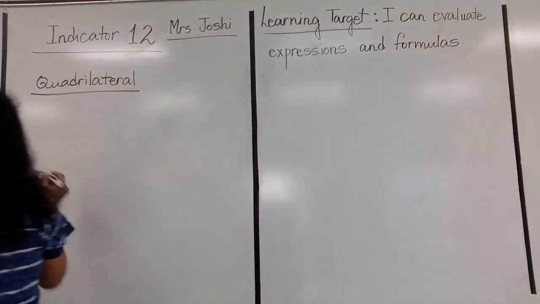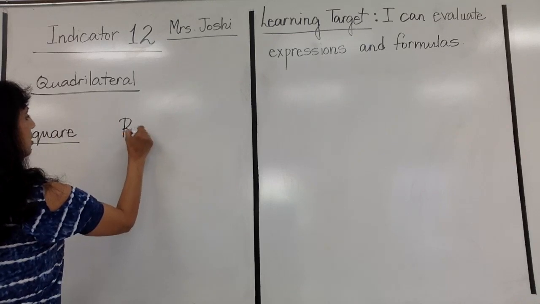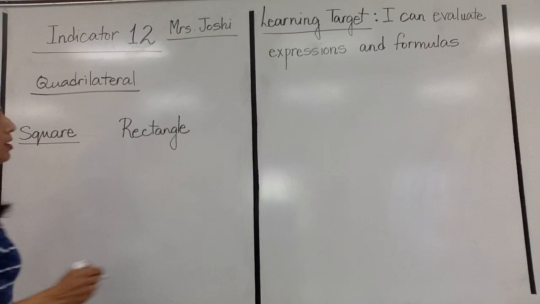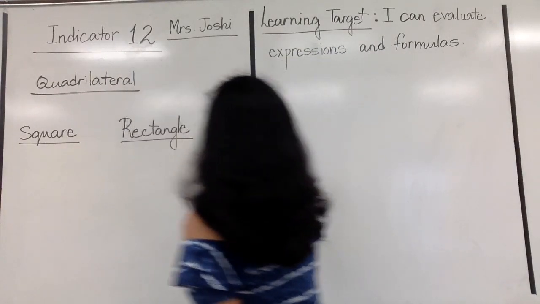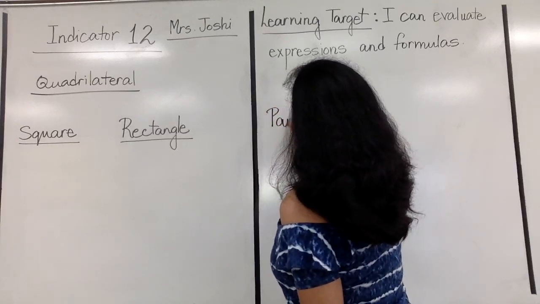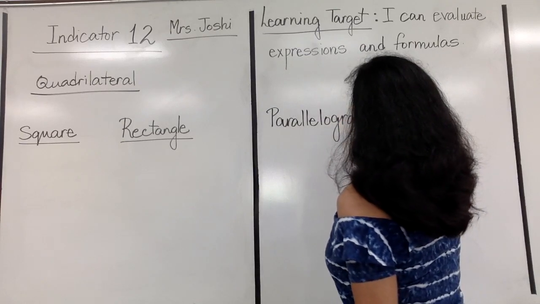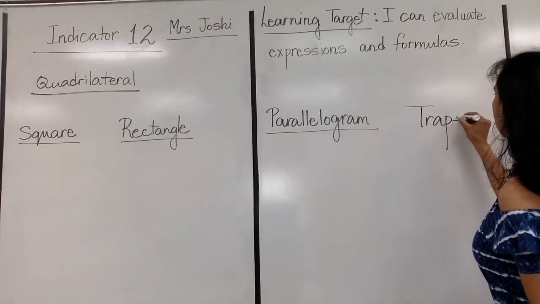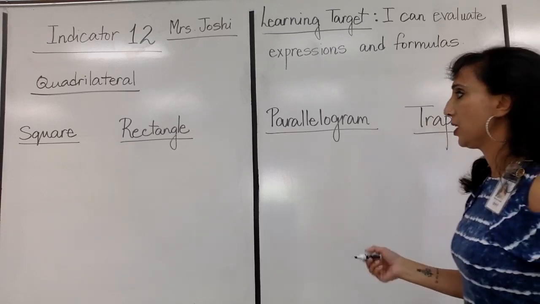Okay, so we have square, you have rectangle, you have parallelogram, you have trapezoid, you have rhombus.